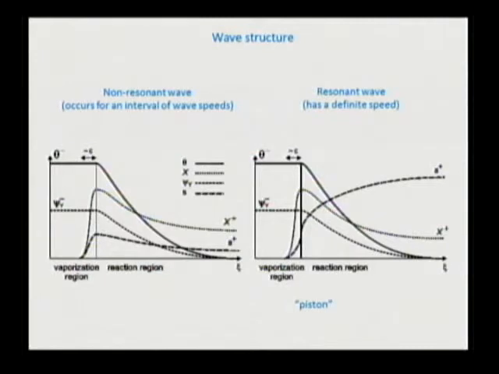So the saturation profile has this infinite derivative, so it's really a singularity. Before the singularity, we only have vaporization. After the singularity, we have a reaction with a slight condensation. So really the resonance point separates two very different physical regions.